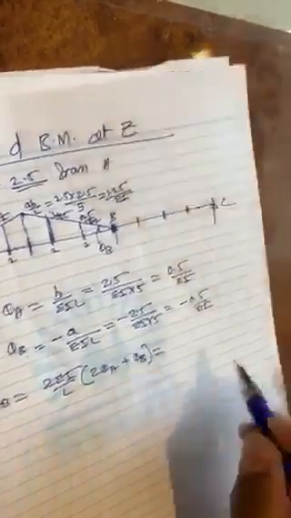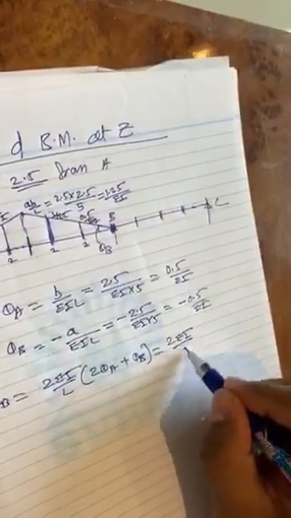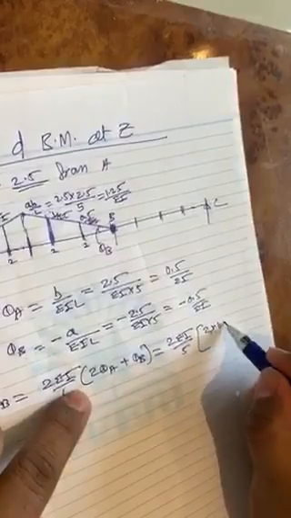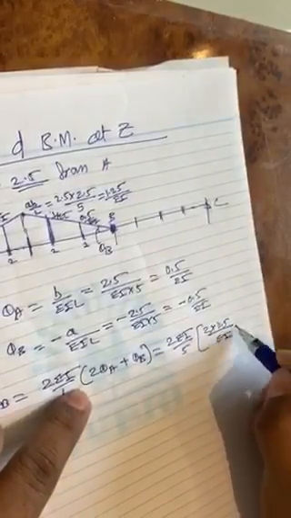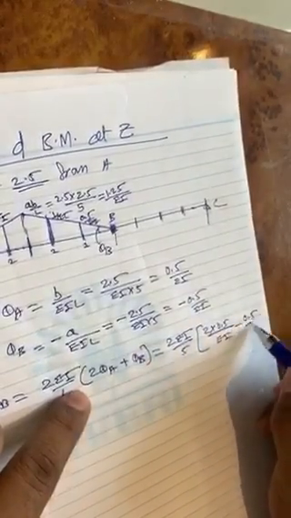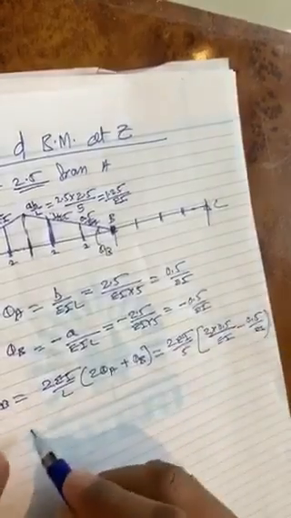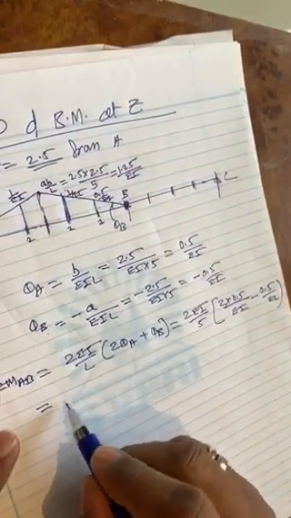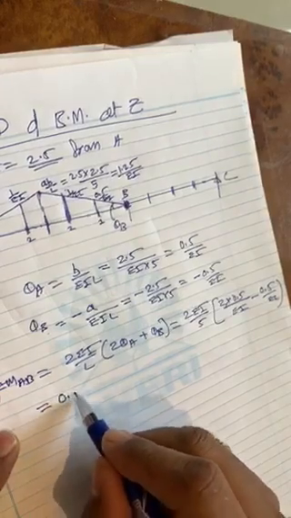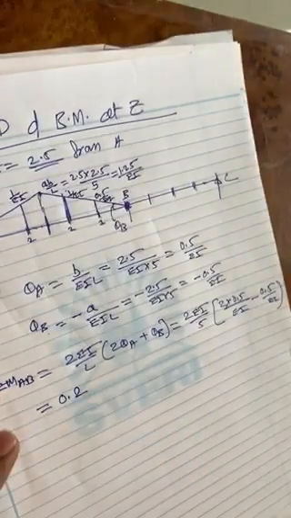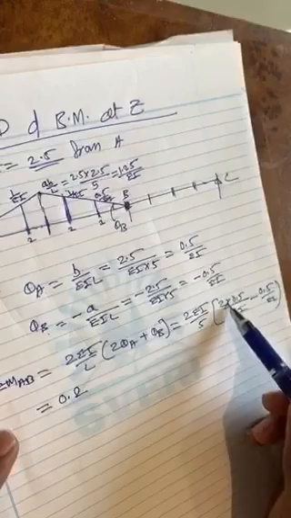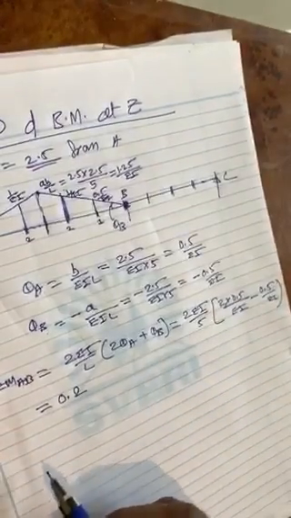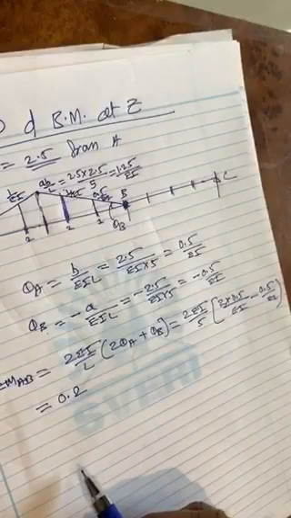So if you put 2EI, L is 5, in bracket 2 into theta A is 0.5 by EI, minus this will be 0.5 by EI, and this FEMAB will come out as 0.2.